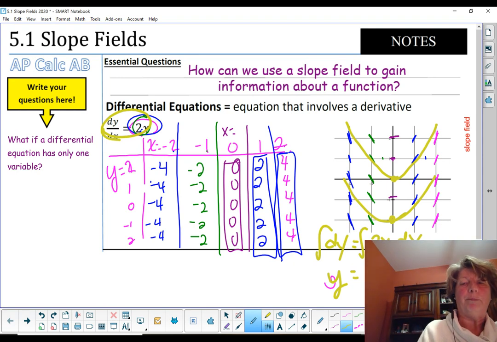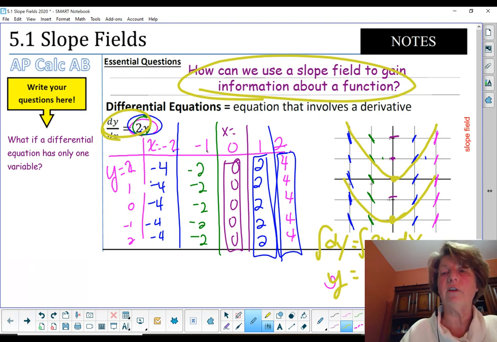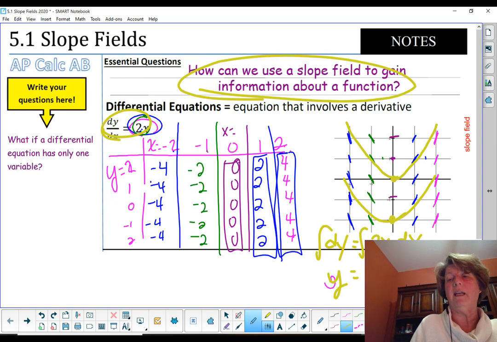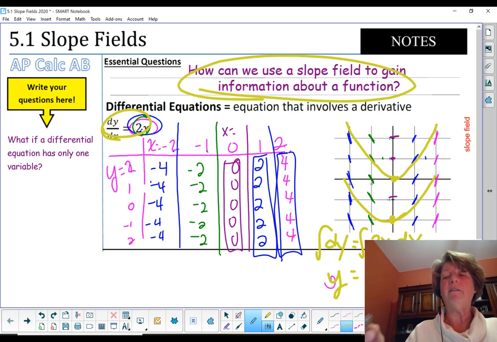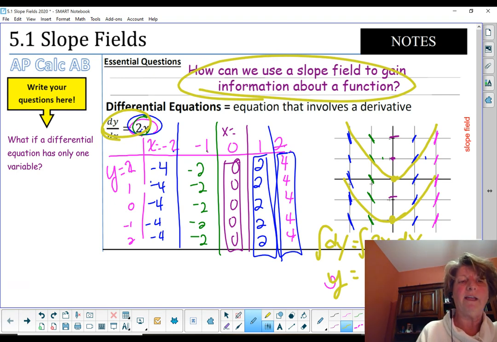So that is kind of what a slope field does. It gives us information by looking at a picture of the original function. And we get that picture by following the slope fields, and it directs us into what the curve of the original function looked like. All right, what if that differential equation only has one variable, as we did in this case?